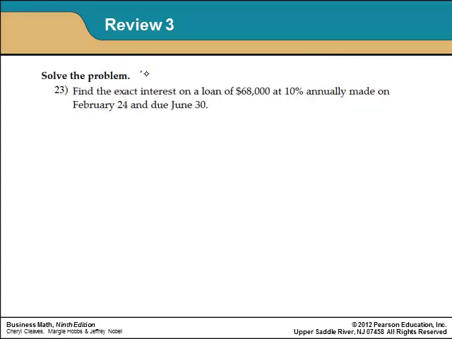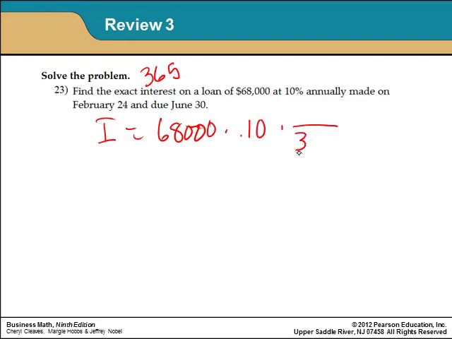Find the exact interest. Remember, exact interest is on a 365-day year. So interest equals principal, 68,000 times 0.10 times something over 365. Now we have to know how many days it is from February 24th to June 30th. I assume it's going to be a non-leap year.